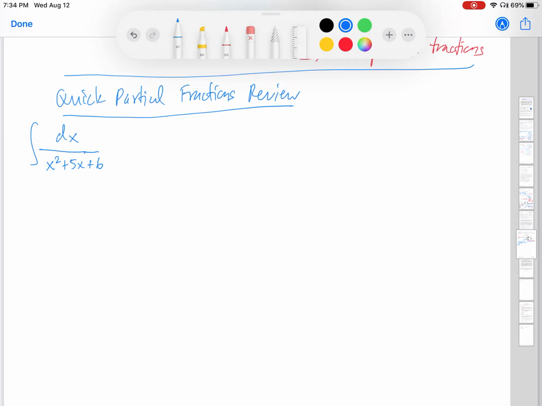In partial fractions, we look at the integrand, and if the denominator factors into hopefully linear factors or quadratic factors, it's a little bit more complicated if we have anything higher than that. But again, we're just looking at the bare minimum here. This denominator factors into these linear factors, x plus 2 and x plus 3.